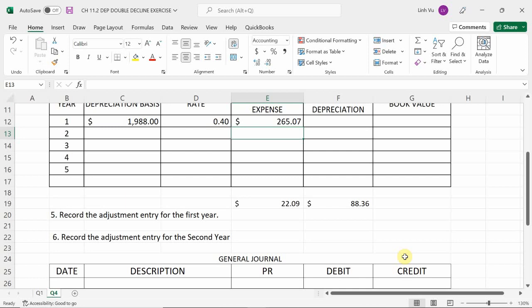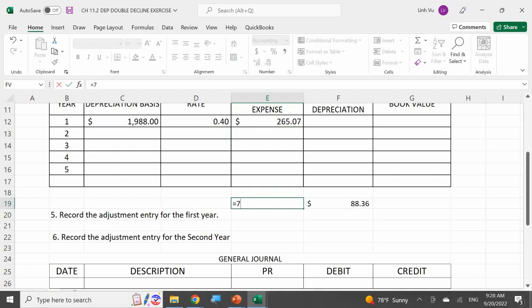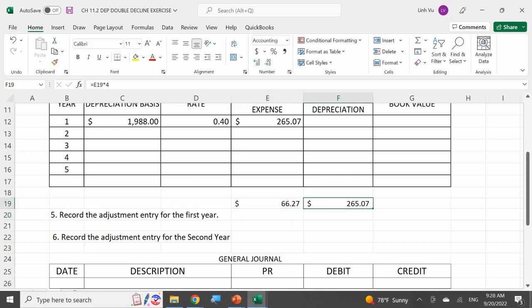Do you understand? From down below, how did I solve for that? If I divide the whole thing by 795.20, and I divide that by 12, that gave me $66.27. I have it for 4 months, so therefore, it gave me 265.07.